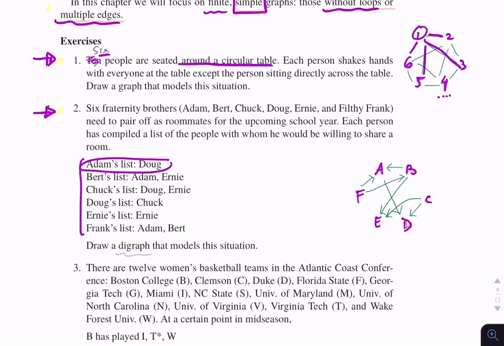So then A is pointing to D. And then Bert is willing to share a room with 2 people, Adam and Ernie. So then B would have an edge pointing to A and also an edge pointing to E. So in this situation, it makes sense to have a digraph modeling the situation.